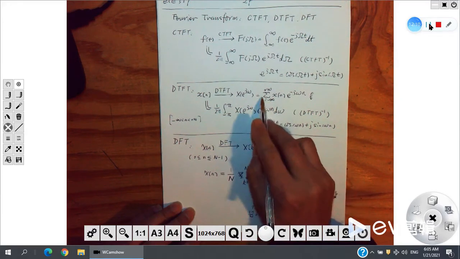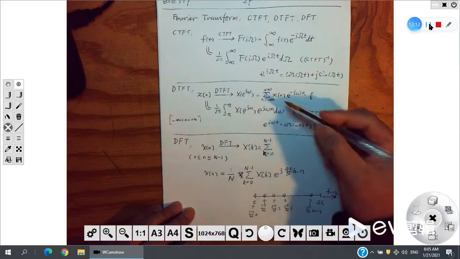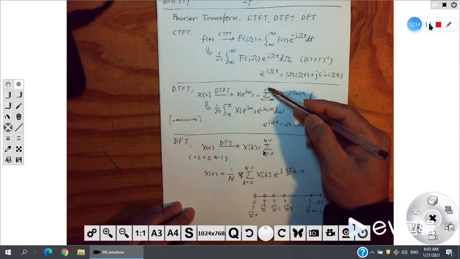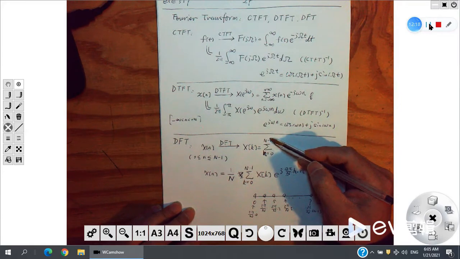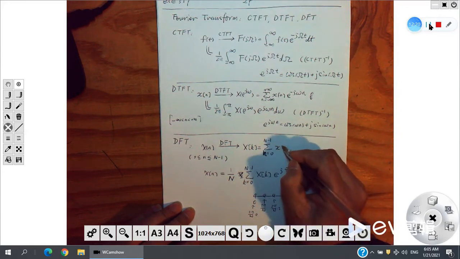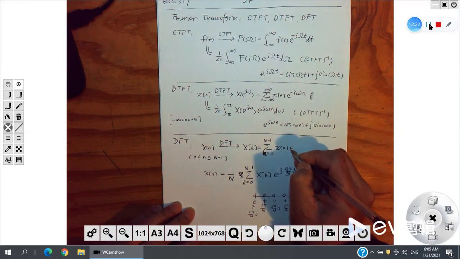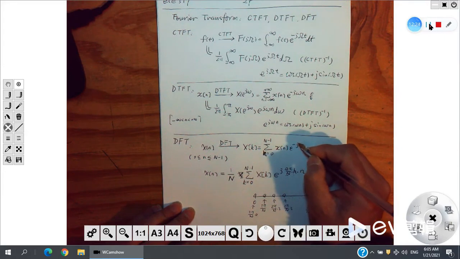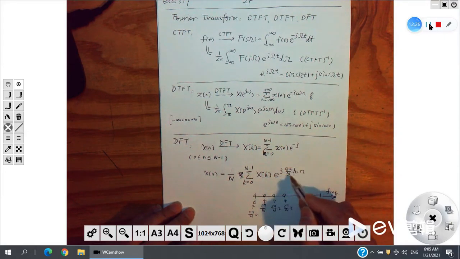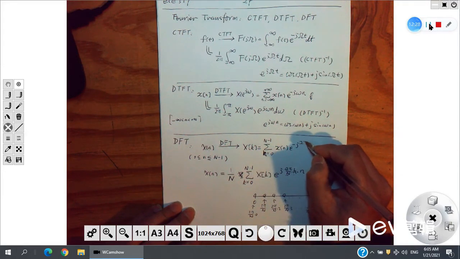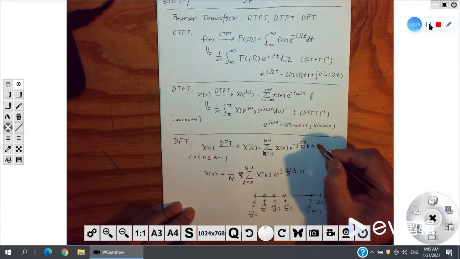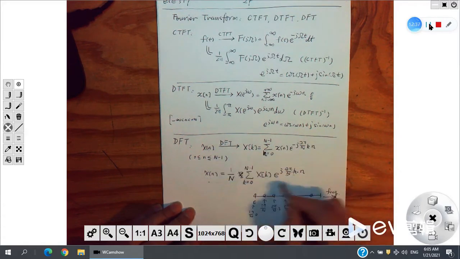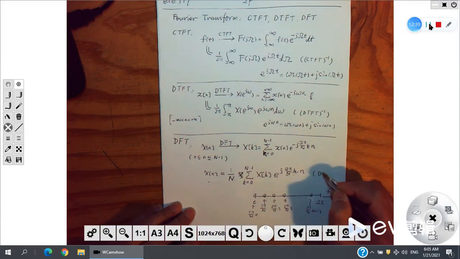Actually similar to these, but the index runs from 0 to n minus 1. Right? n runs from 0 to n minus 1, x of n times e to the negative j omega, I still use this omega, this is 2 pi over n k times n. Alright. So this is a DFT, and this formula is the inverse of DFT.